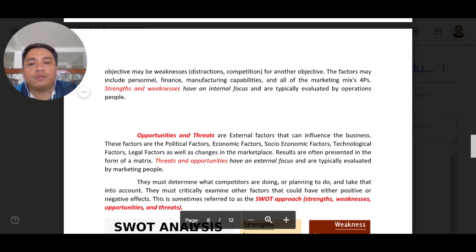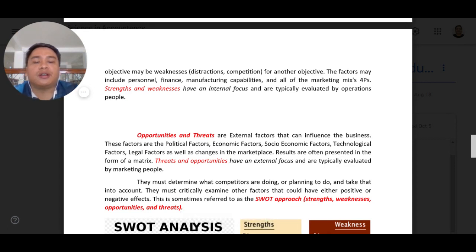Okay. Now, under opportunities and threats, these are considered external factors that can influence the business. These factors are the political factors, economic factors, socioeconomic factors, technological factors, legal factors, okay, as well as changes in the marketplace. In other terms, yung PESEL, yung tinatawag namin.